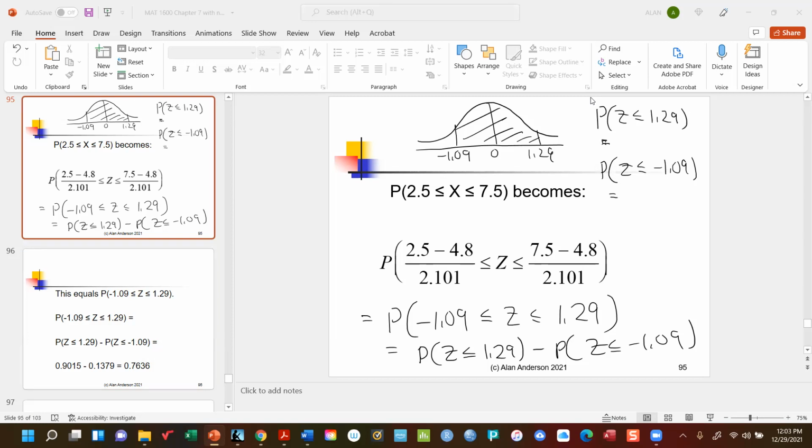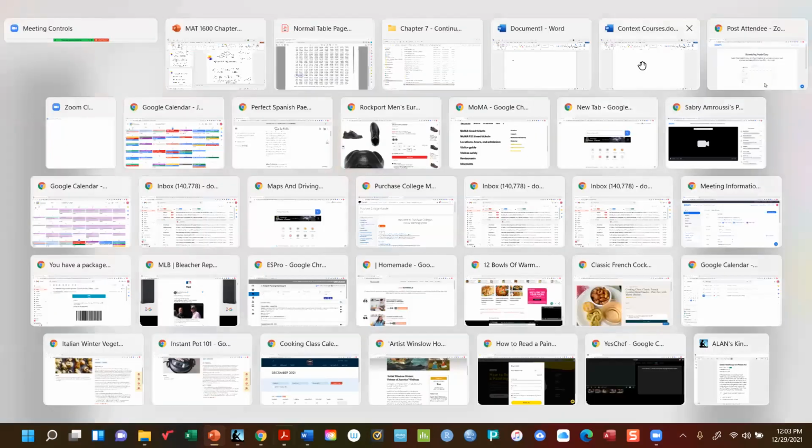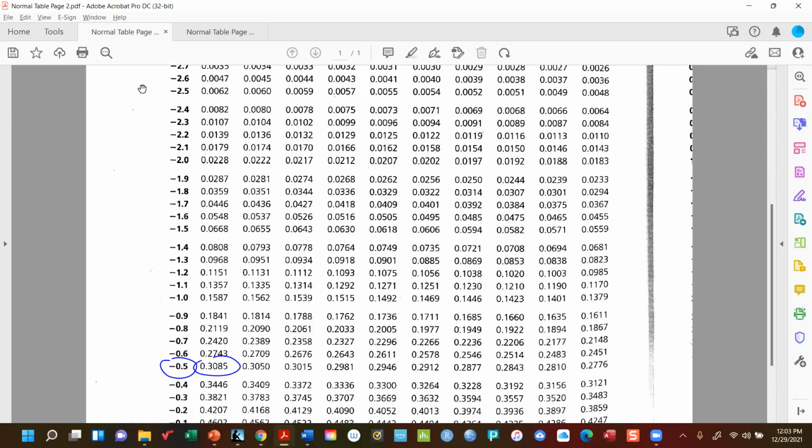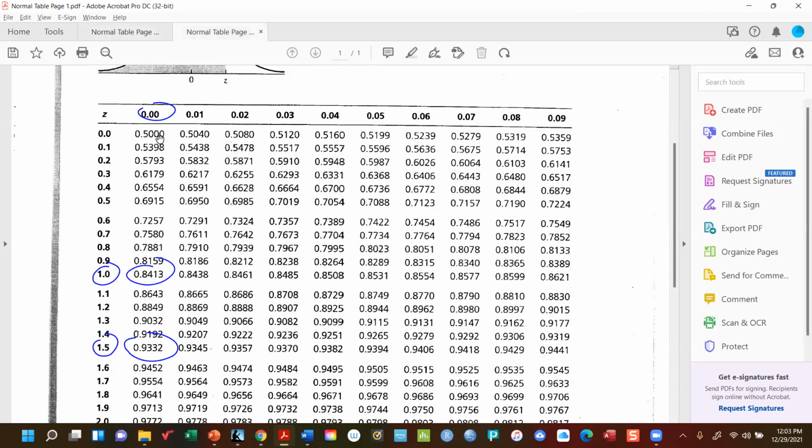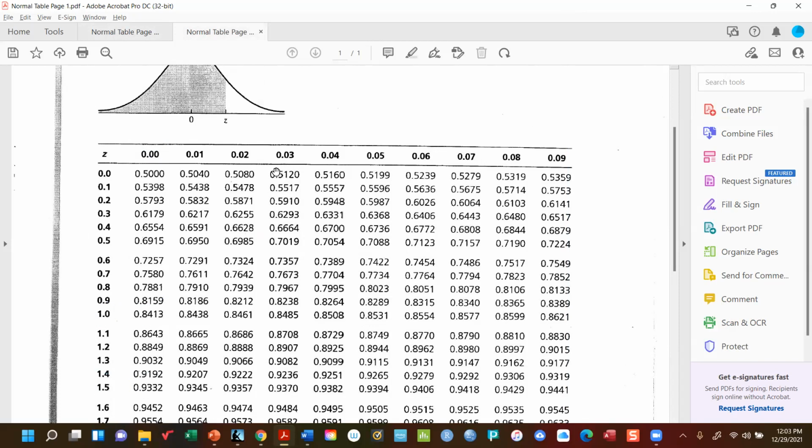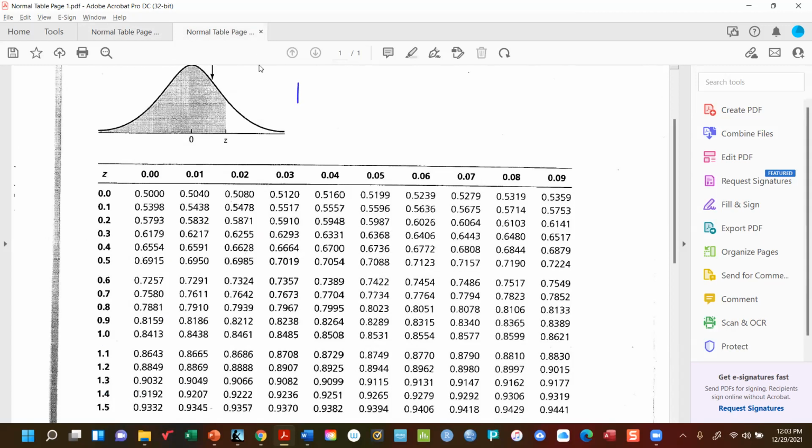All right, so for 1.29, we'll go to the positive table, and we will find the intersection of 1.2 and 0.09. And where do they intersect? 0.9015.